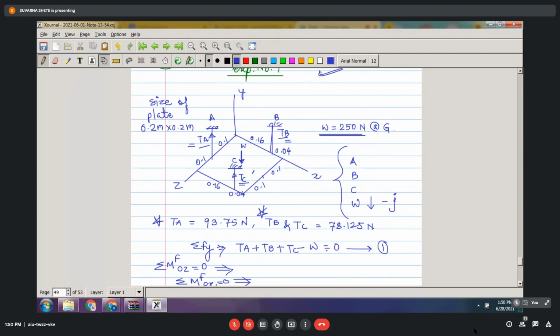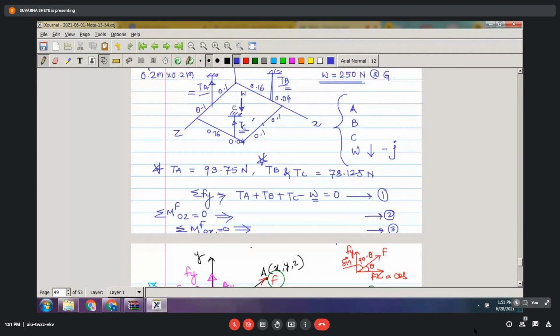So this will be your second and third equation. 3 equations and 3 unknowns. W is given to us as 250, so you can calculate it. Is it clear? Okay, ma'am. Did everybody understand? Yes, ma'am.